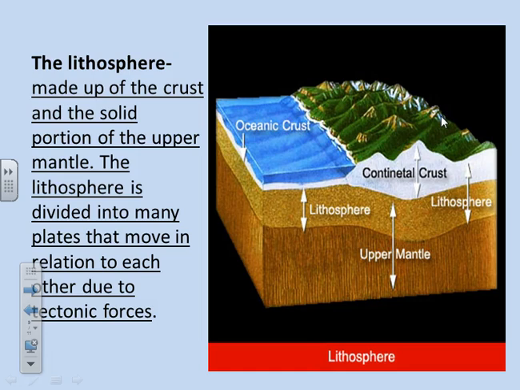So the lithosphere is made up of the crust and the solid portion of the upper mantle. So that's actually what's moving. It's not just the crust. It's also that solid portion of the upper mantle. And the lithosphere is divided into many plates that move in relation to each other due to tectonic forces.